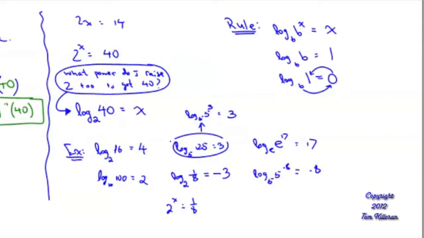So, probably the main rule, very important: log base b of x is equal to y is the same thing as b raised to the... Well, what power do you have to raise b to get to x? Well, you raise b to the y, and it must equal x.